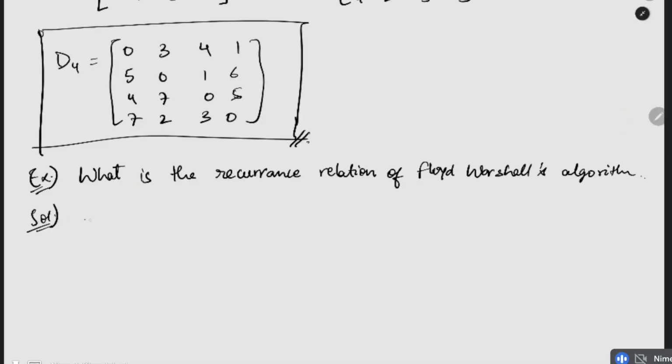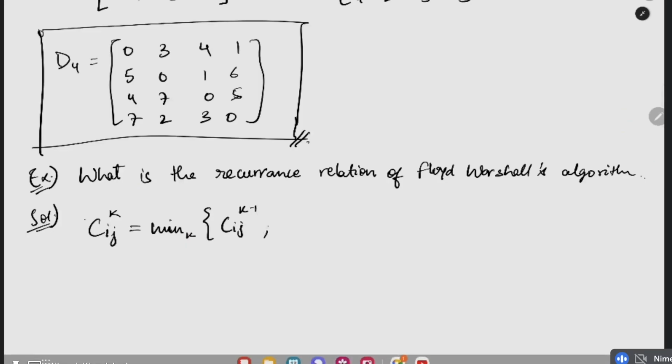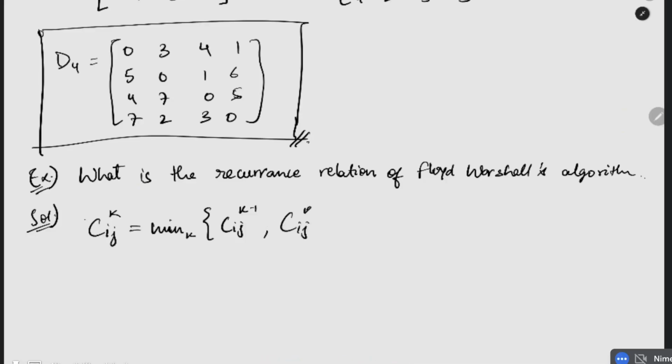So we know that the recurrence relation is Cij at kth, for the kth vertex, is the one that minimizes: either it is the existing distance or cost, or it is the updated, relaxed cost in the new search space.